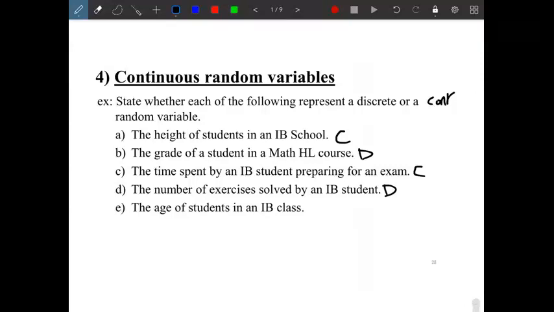It could be 24 in 6 months or 24 in 5 months and 10 days and 3 seconds, for example. So depending on the context of the problem, the age of people could be taken as either discrete or continuous. So we're going to note this as discrete or continuous depending on the context.